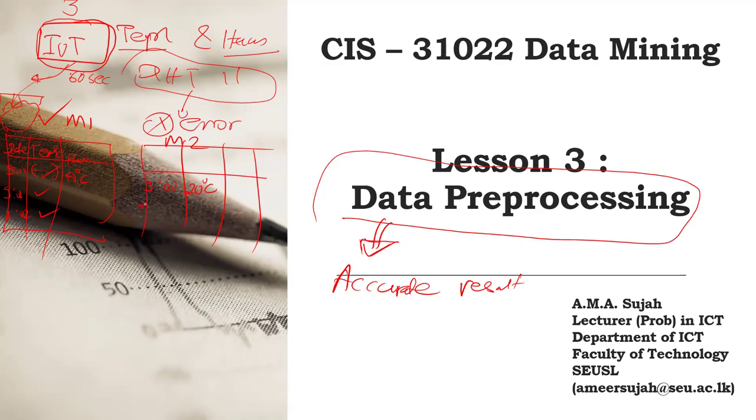So at 9:01, the true value is maybe 35 degrees Celsius, but here maybe 21 Celsius, or at 9:02 maybe 24. Likewise, because of that error, you are getting different readings, but the actual temperature is different.